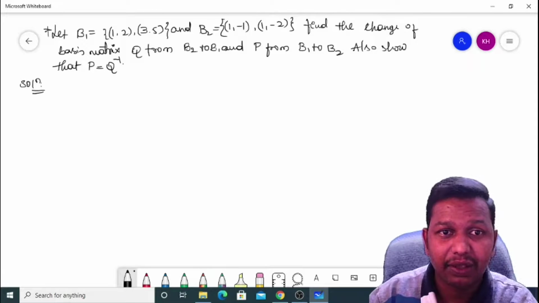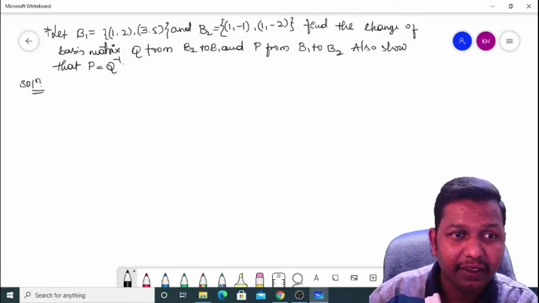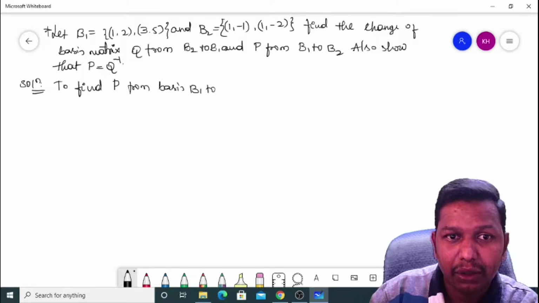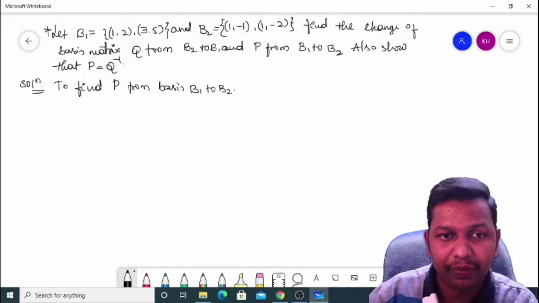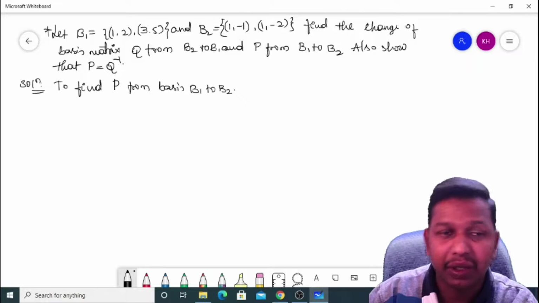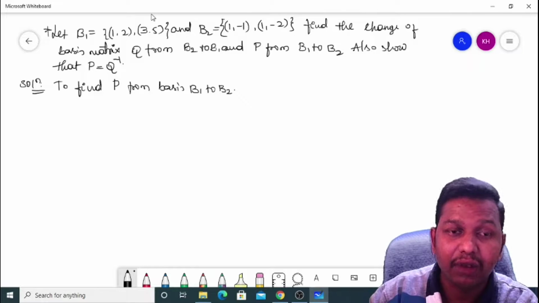First we need to find P, that is P from basis B1 to B2.